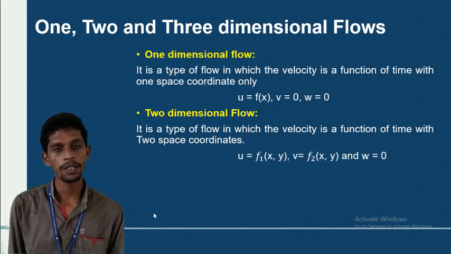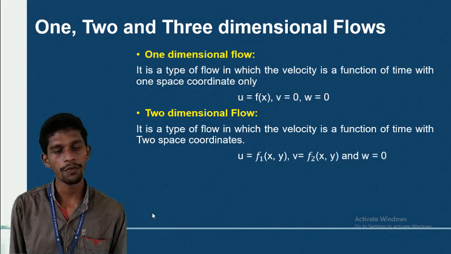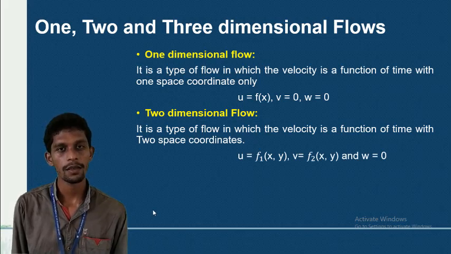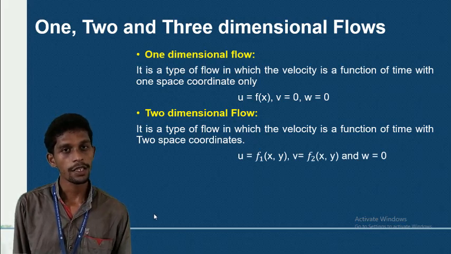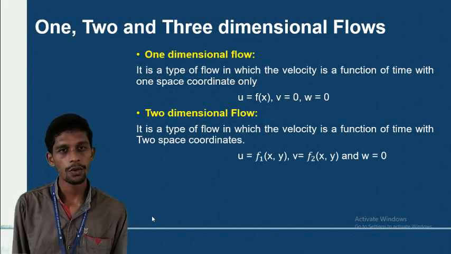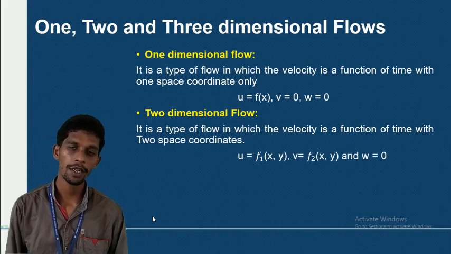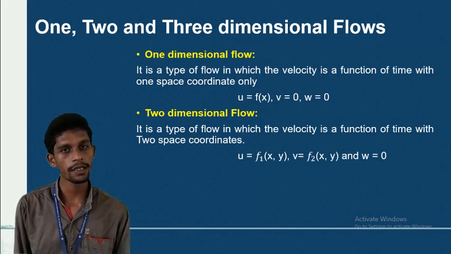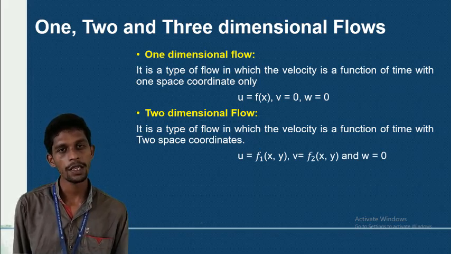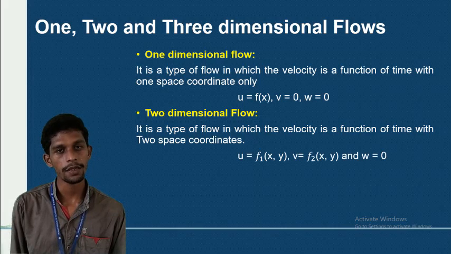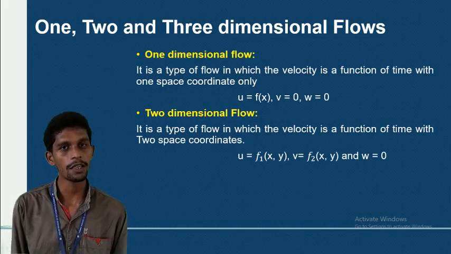Here the equation is: u is equal to f1 of x comma y. Here the directions are x and y. And the next one, v is equal to f2 of x and y. So here you are considering both the x and y directions.